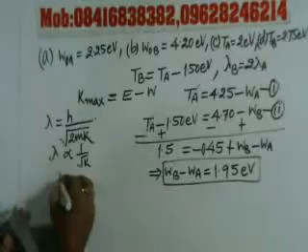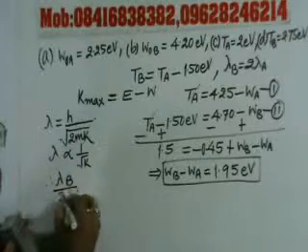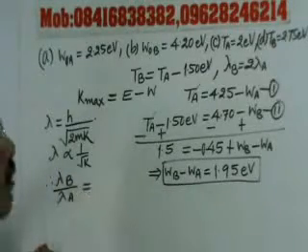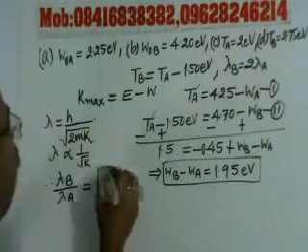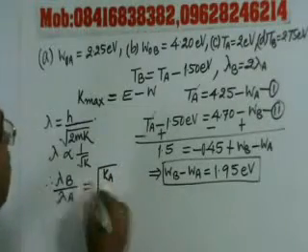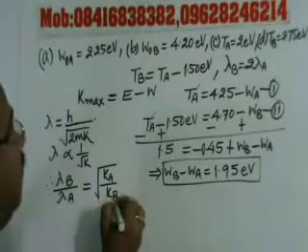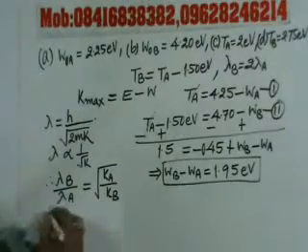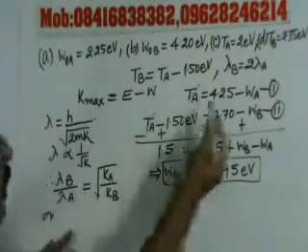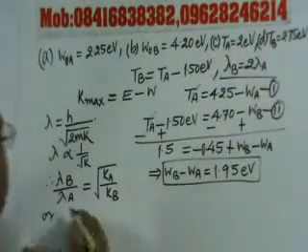So we have lambda b upon lambda a equal to under root of ka divided by kb. Here lambda b upon lambda a is given, equal to 2.